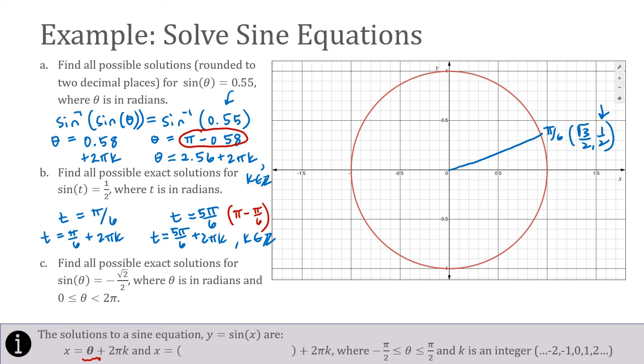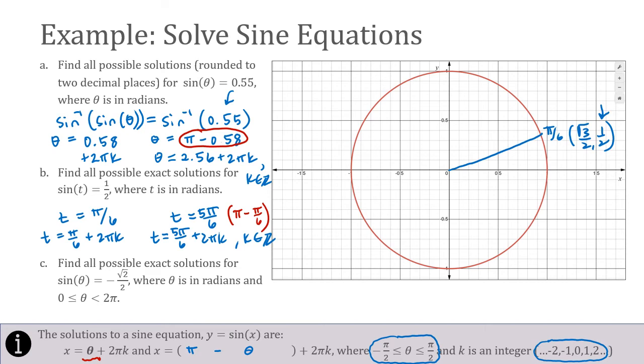That solution comes from taking pi minus theta, and then adding 2 pi k. Again, the calculator is giving you an answer for theta only in quadrant 1 or 4. And again, k is an integer, so we're talking about values of k from negative infinity to positive infinity.